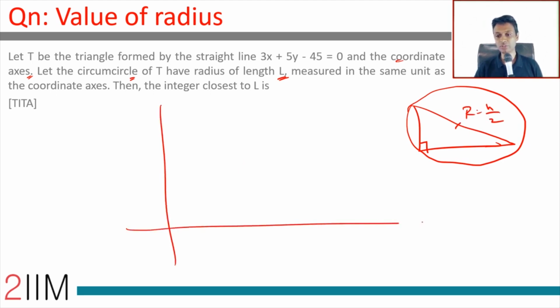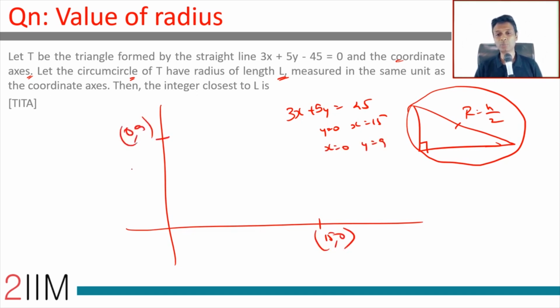So let's draw this. 3x plus 5y equals 45. You put y equal to 0, we get x is 15. So 15 comma 0 is a point on this line. You put x equal to 0, we get y is 9. 0 comma 9 is a point on this line, or we have a line like this.